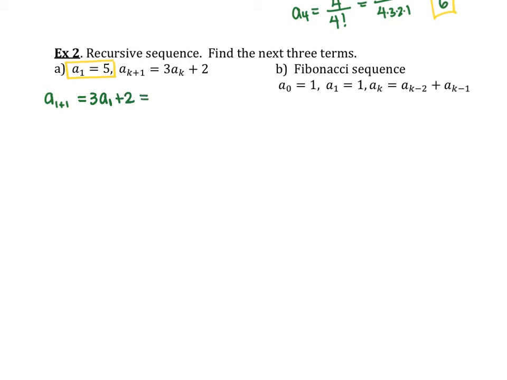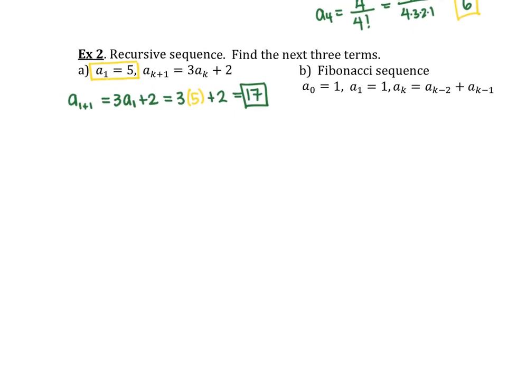Now I know that A1 is 5 because it was given to me. So this is saying 3 times 5 plus 2 would give me the next term, which is 15 plus 2. That's 17. Okay, now why did I even care what a sub 1 plus 1 is?